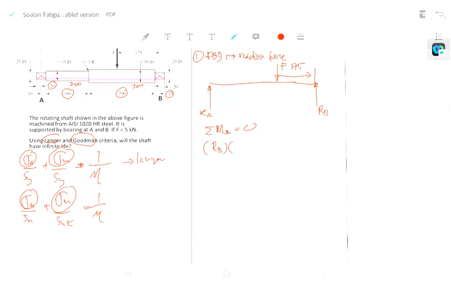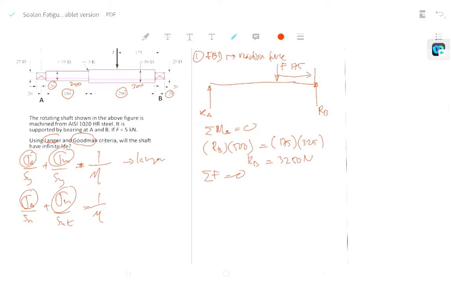So RB times 500 equals 175 times 325. So RB equals 3,250 Newton. And after that, sum of F equal to 0.